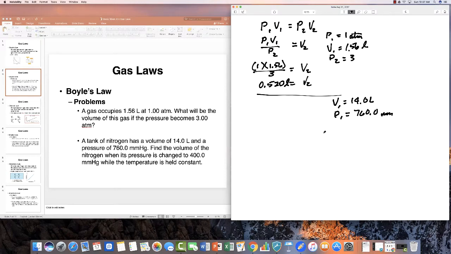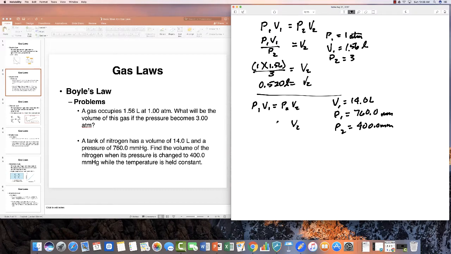Find the volume of nitrogen when the pressure is changed to 400 millimeters of mercury while the temperature is held constant. So P2 is going to be 400 millimeters of mercury. And we have the same formula, P1 V1 is equal to P2 V2. And it says find the volume, so we're going to go for V2 again.